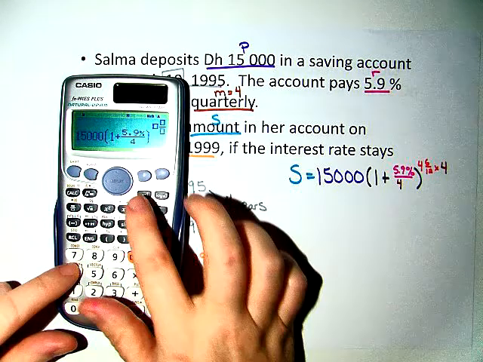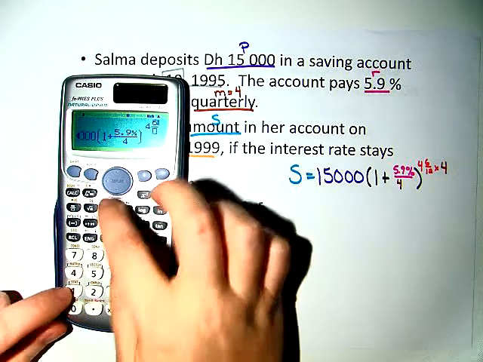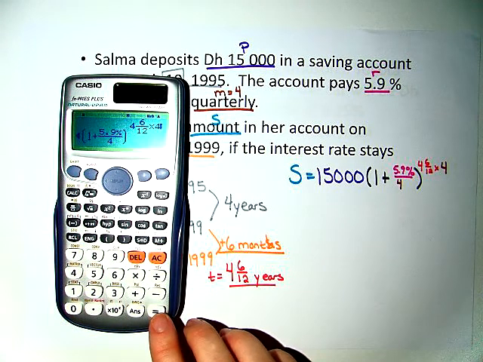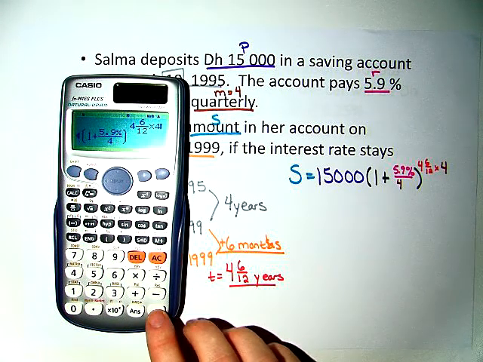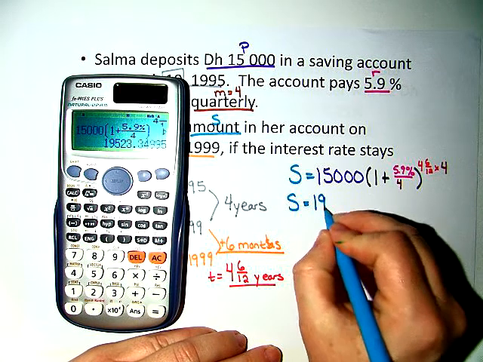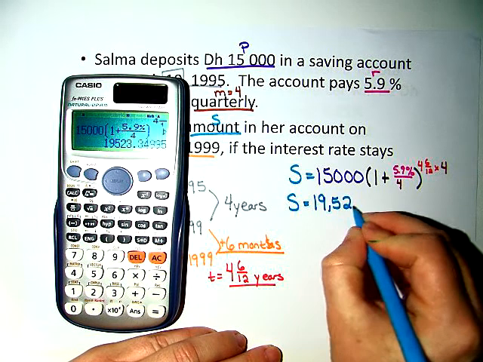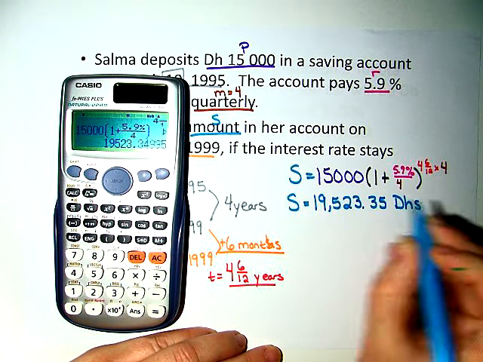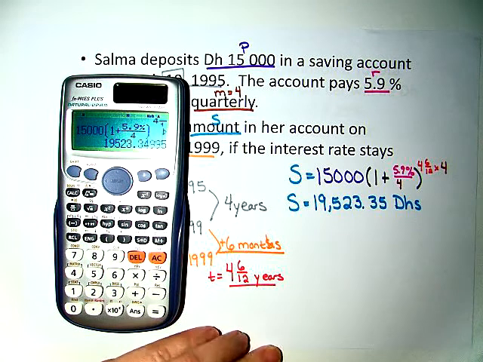And now we can do 4 and 6 over 12 times 4. Okay, it's a lot of numbers, and we hit equals, and we get that the amount in her account is 19,523.35 dirhams. The 9 makes the 4 round up.